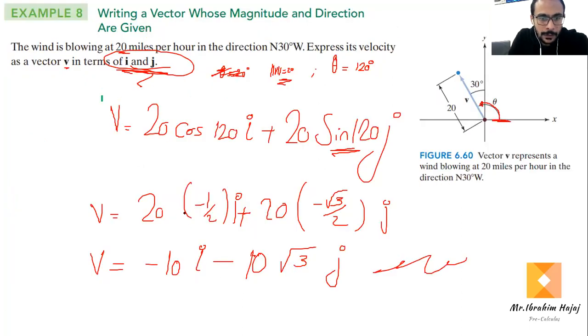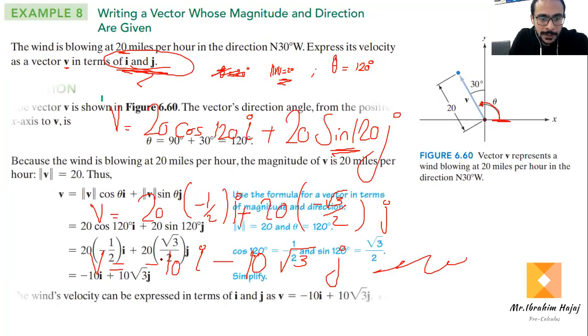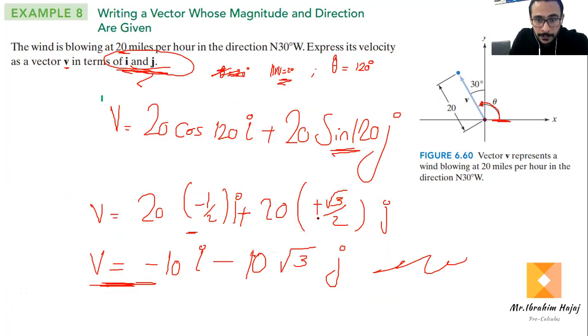And the answer is 120. The answer came out the same as we did. Why positive? Because this one is positive. So sine 120 degrees is positive, radical 3 over 2. Positive, okay.